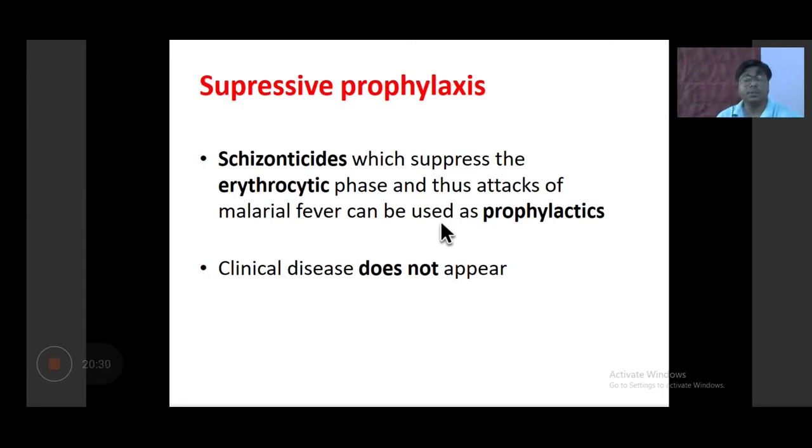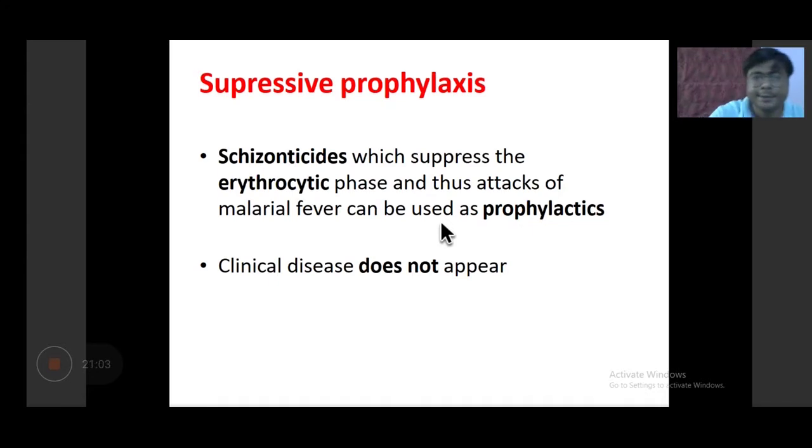We will not use the term patient when we use the term prophylaxis, because patient is when the disease is there. Prophylaxis is when we are giving the drug before the disease happens, because you want to prevent that person from getting the disease. So if you are traveling from a non-endemic zone, where there is no malaria, to a zone which is endemic for malaria, you can prescribe some drugs to suppress the erythrocytic phase.